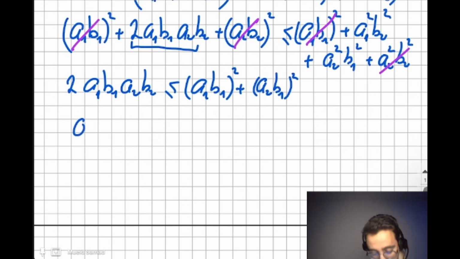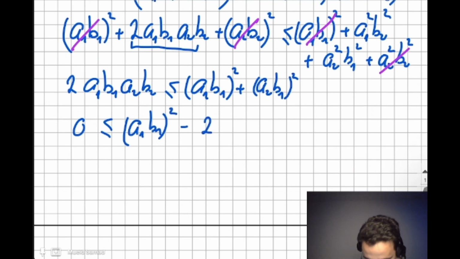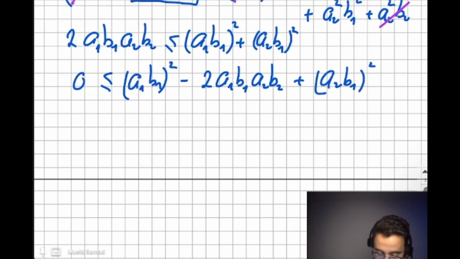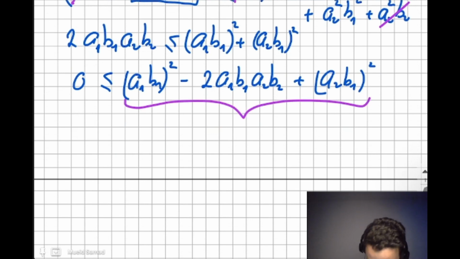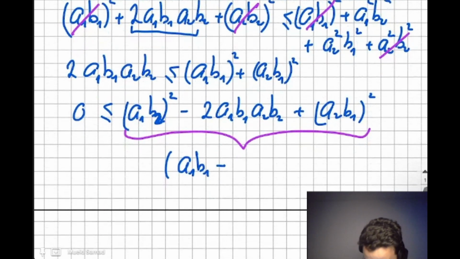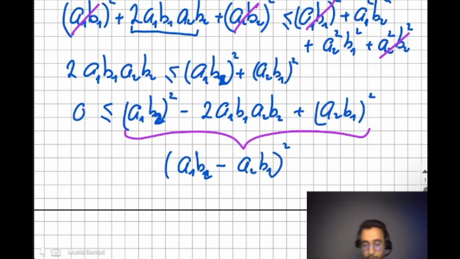So let's bring the left hand side to the right hand side, and then we get a1 b2 squared minus 2 a1 b1 a2 b2 plus a2 b1 squared, and the right hand side is exactly the following: a1 b2, this one is a1 b2 actually, yes, here as well, made a mistake. Okay, so we have a1 b2 minus a2 b1, to the power of 2.